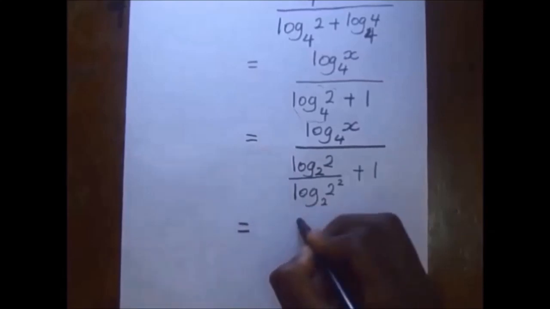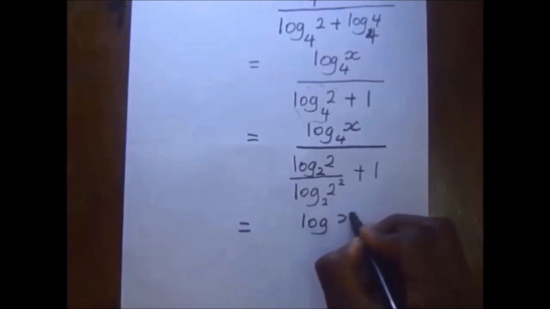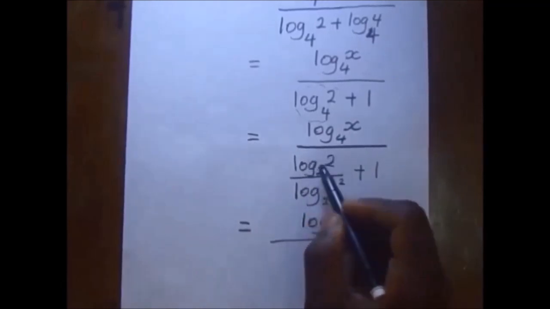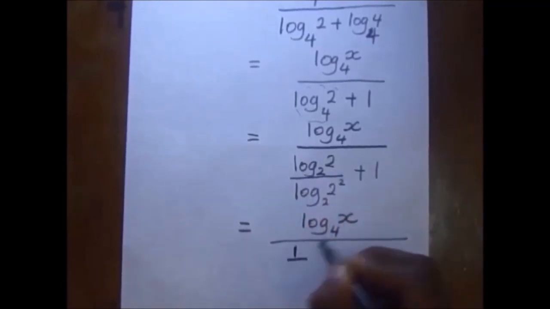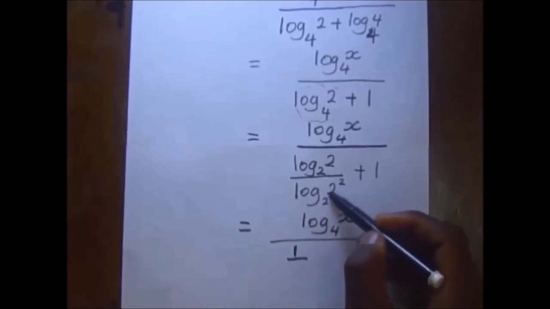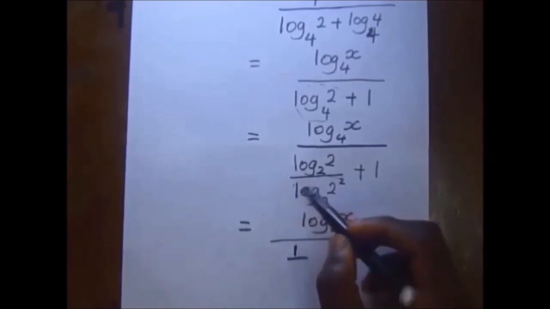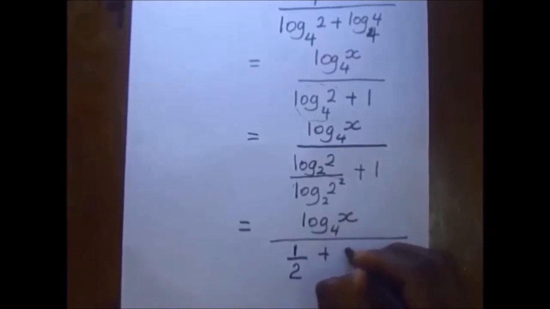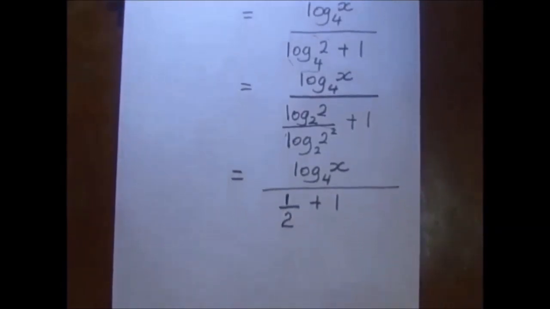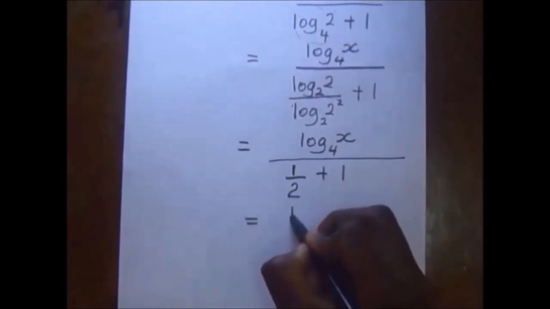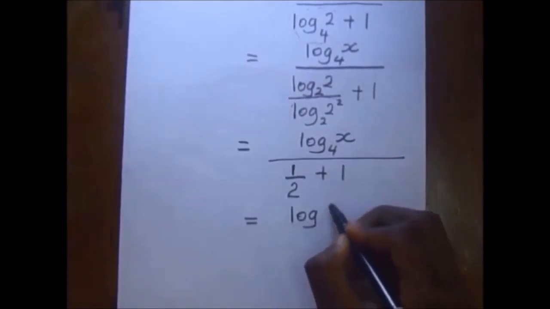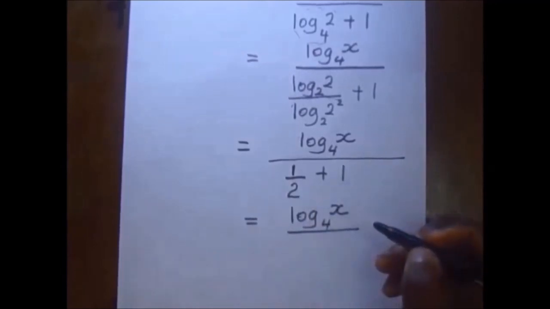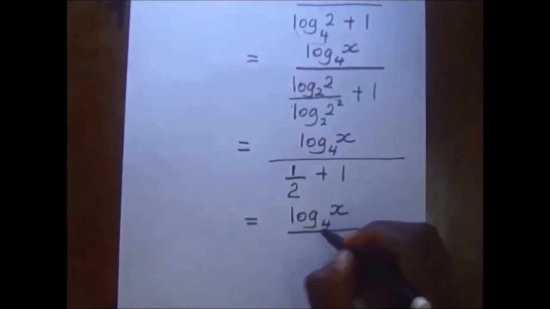So that will become the logarithm of x base 4, divided by log of 2 base 2, which is 1, over log base 2 of 2, which is 2. When you put that 2 there, it's because it's also going to become 2, so this is a half plus 1. So it will become logarithm of x base 4, divided by a half plus 1, which is 1.5, which is 3 over 2.